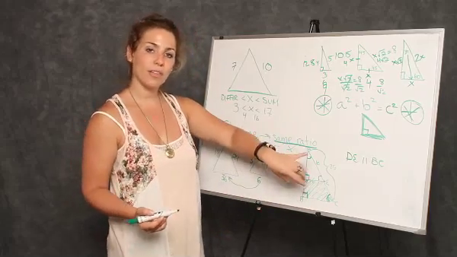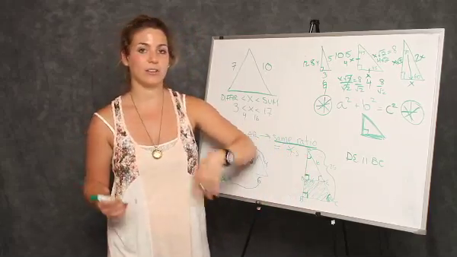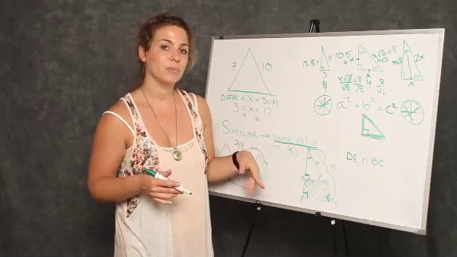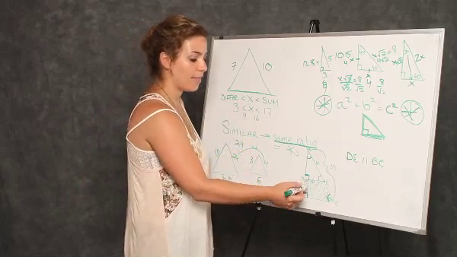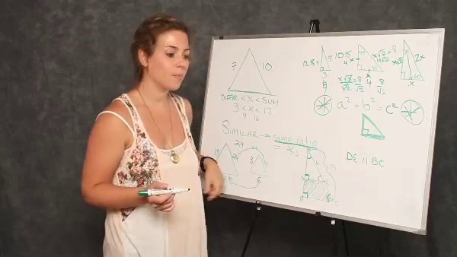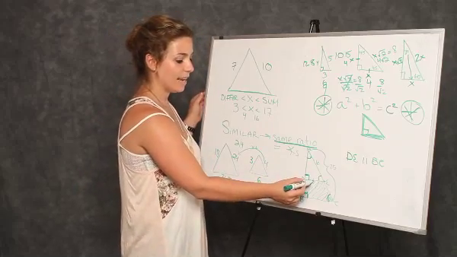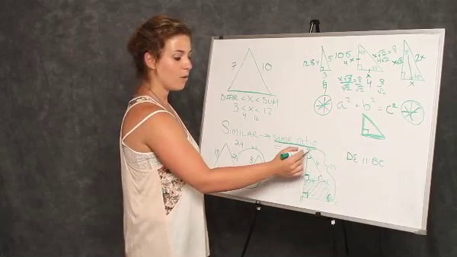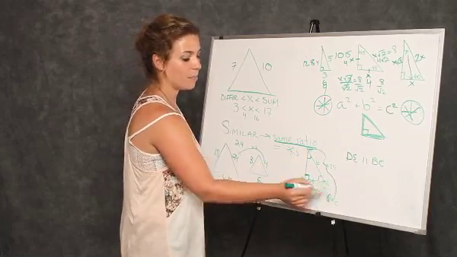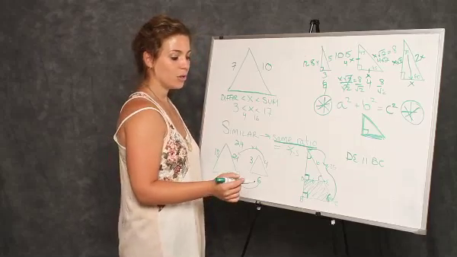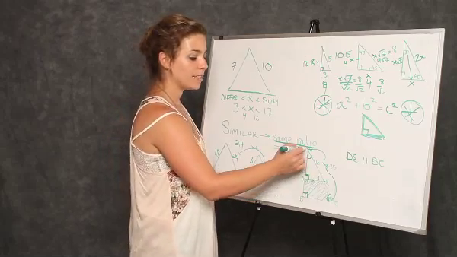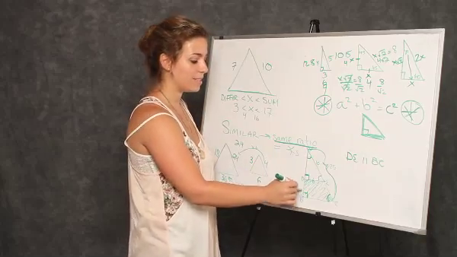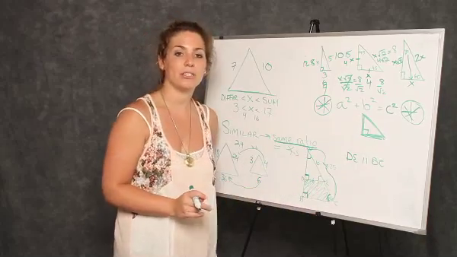So now that we know that all the angles are equal in these triangles, we know that we have similars. So looking at this, if they want us to get the shaded area, if this side is 6 and this side is 10, we know that this big side of the big triangle is 25. So the ratio of the sides of the little triangle are going to be in the same ratio as the sides of the big triangle.